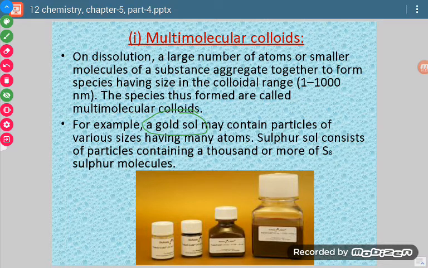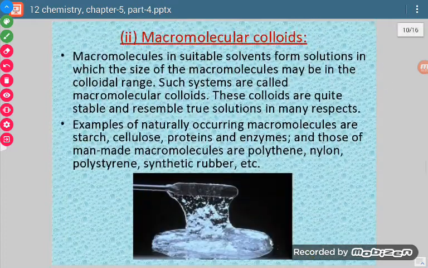Similarly, sulphur sol is also a multimolecular colloid. In this case these bottles are of gold sol, of different concentrations, and these are examples of multimolecular colloids.